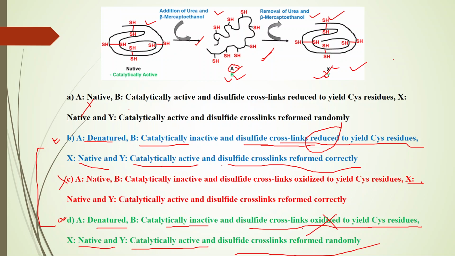So you cannot say that the disulfide bonds have reformed randomly, right? Because if it was random, then the positions would not be the same as the initial one. But we can already say they are exactly the same. So obviously the disulfide crosslinks are reformed correctly. So this is the correct statement in every way. So our correct option should be B.